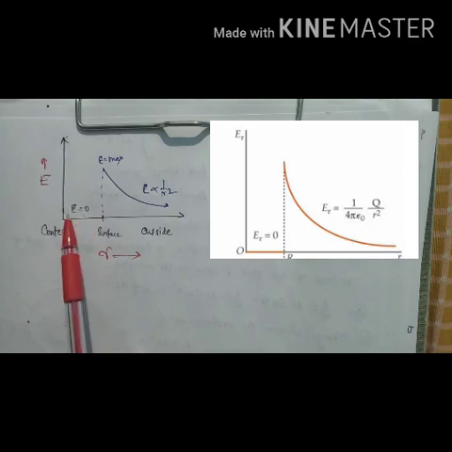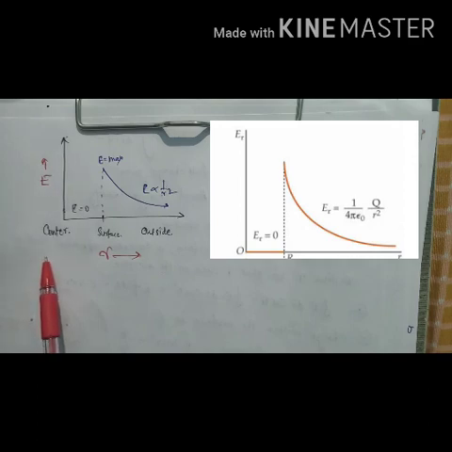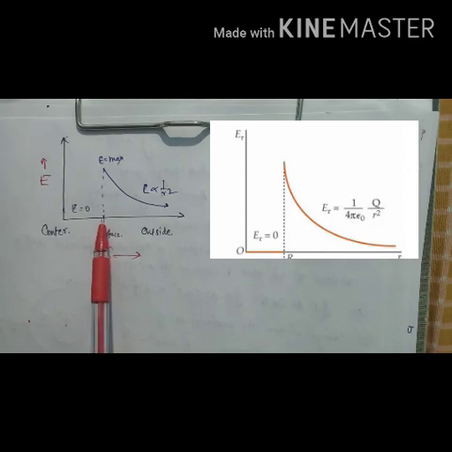A very important question arises from this graph: where is the electric field maximum on the conducting cell? We can easily answer it: the electric field is maximum at the surface of the conducting cell.